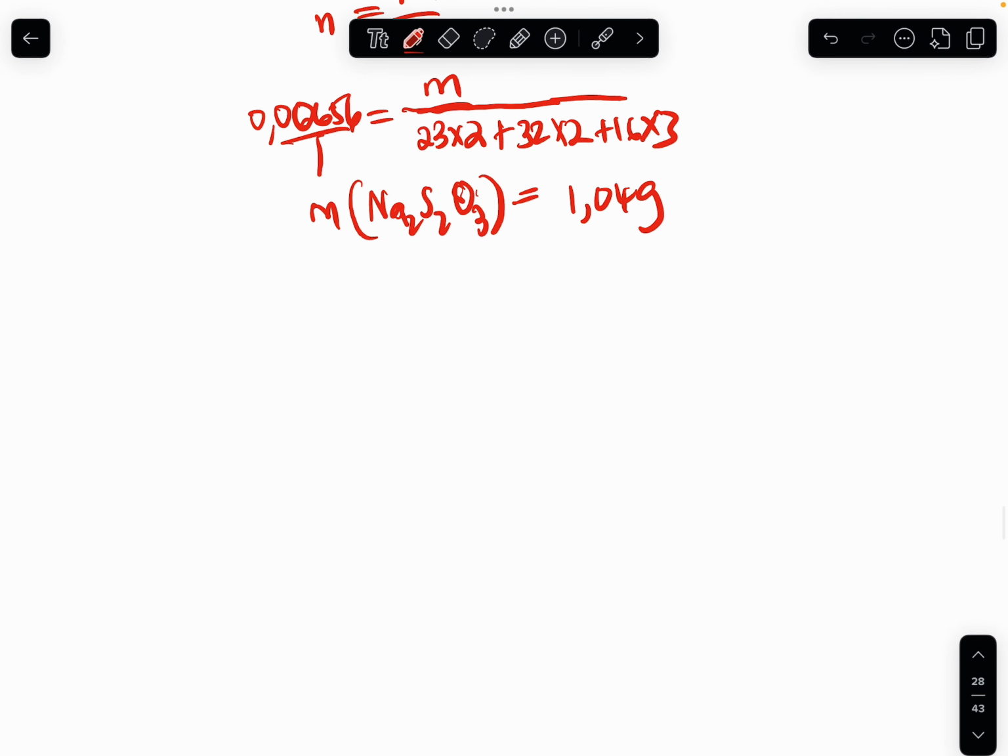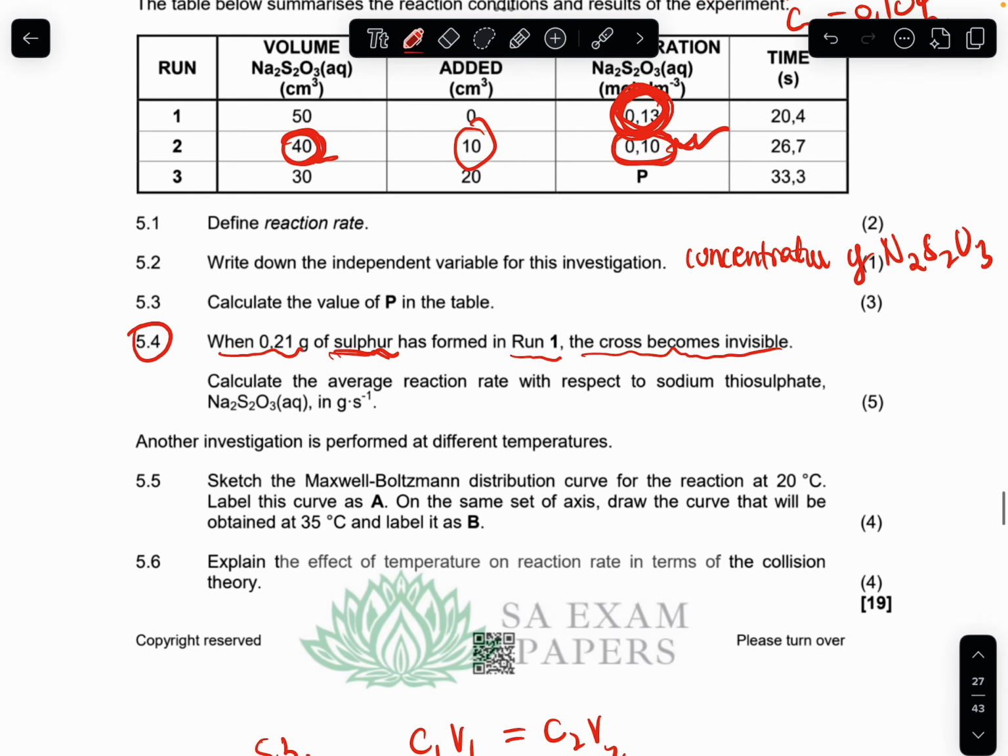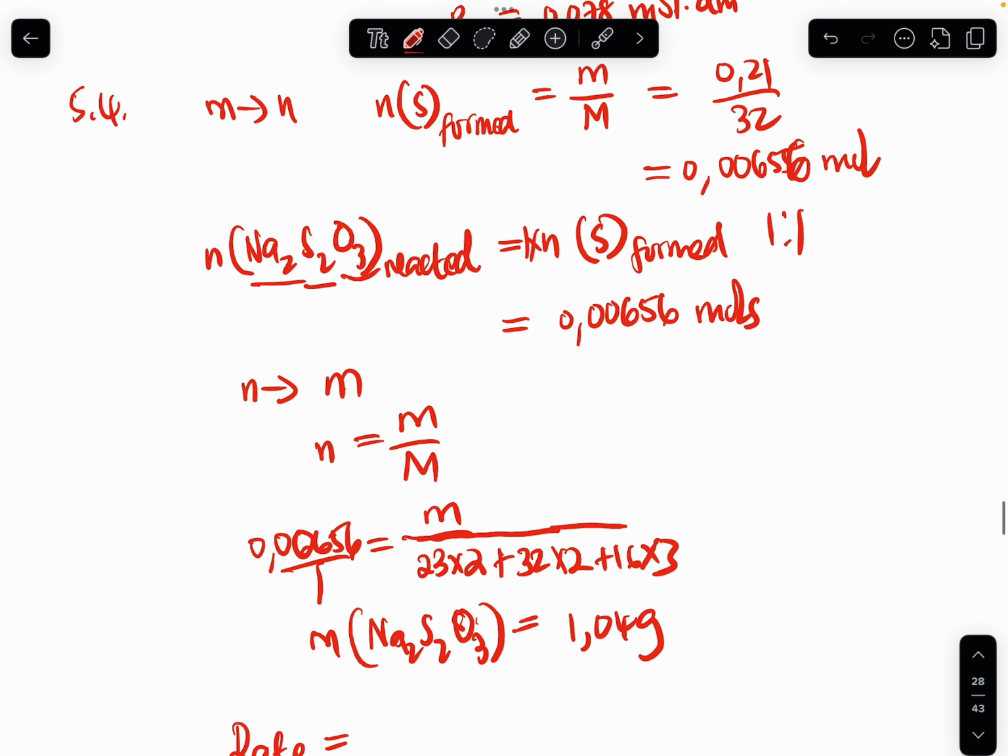Now that we have that, we can calculate the rate now. We can say rate is equal to, we were told our rate is supposed to be grams per second. Do we have time? Yes, they said for run one. The time for run one is 20.4. That means we're going to use 20.4 there.